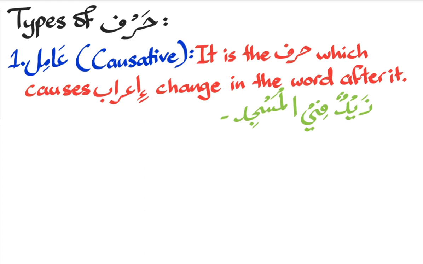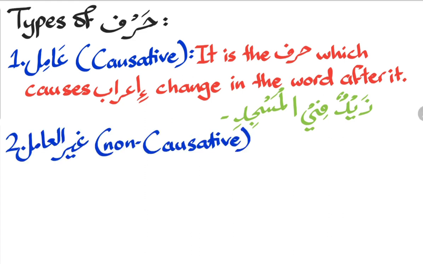Fi actually governs the word that comes after it, which in this case is al-masjid, by giving the masjid's last letter, dal, a kasrah. So Zaydun fil masjidi. So that's an example of a harf which causes i'rab change in the word after it. The second type of harf is ghayrul amil, non-causative.